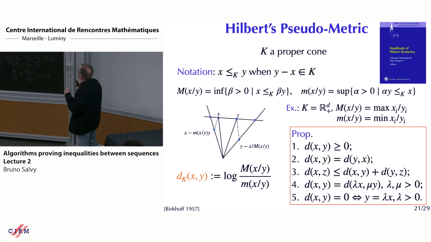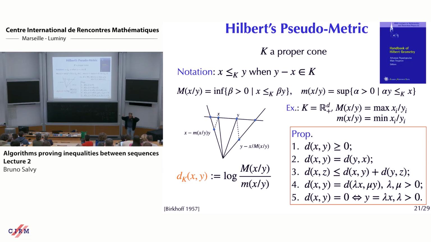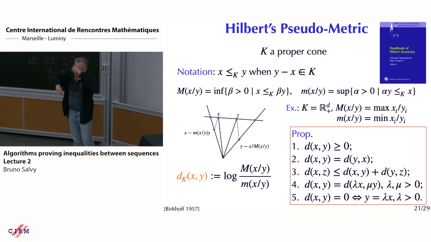It comes from the fact that if you look at d(x,y) plus d(y,z), and let me do it only in the real positive case, well, a product of max is larger than the max of the product. And then since you take log, that's the triangle inequality. Same for min, but in the other direction.